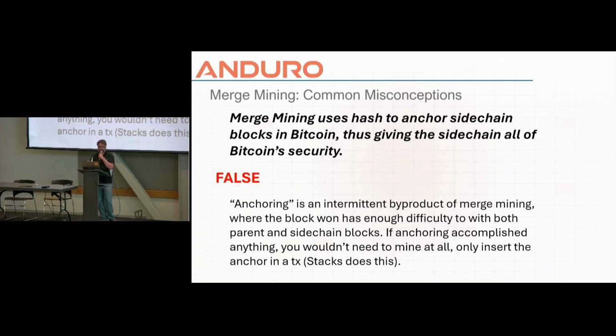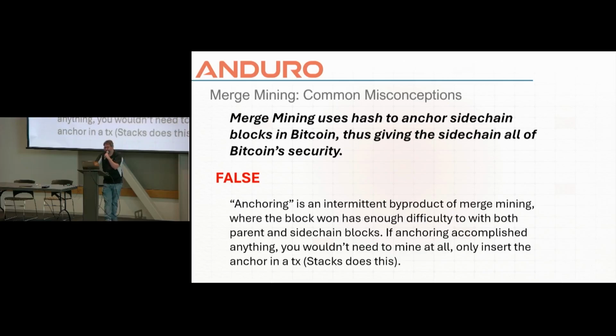Another misconception is that merge mining uses an anchor. They anchor the sidechain blocks in Bitcoin, and so at the time it's anchored, suddenly the sidechain has all of the security assurances of Bitcoin. That's another thing you hear. This has led to really interesting things.